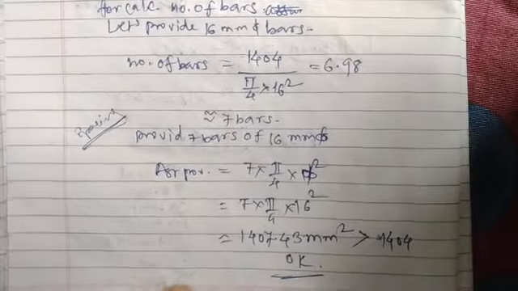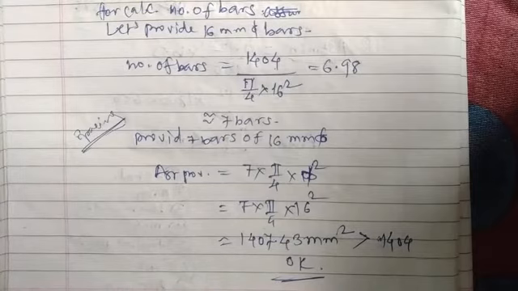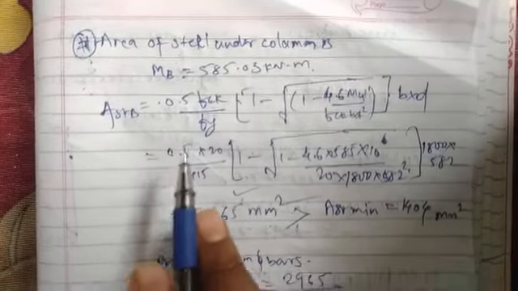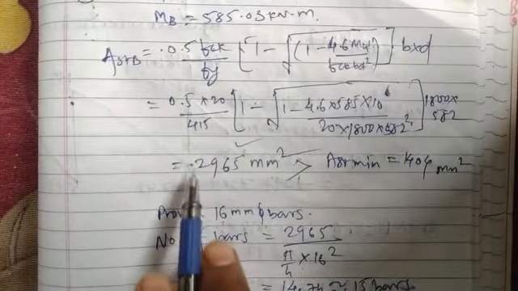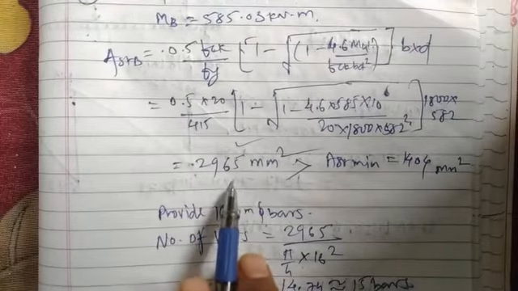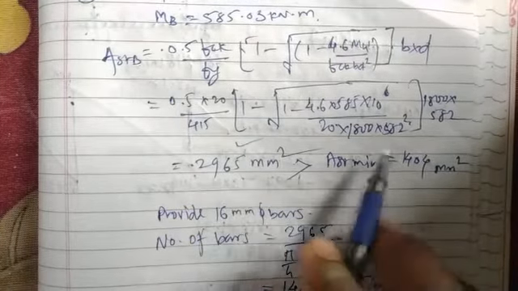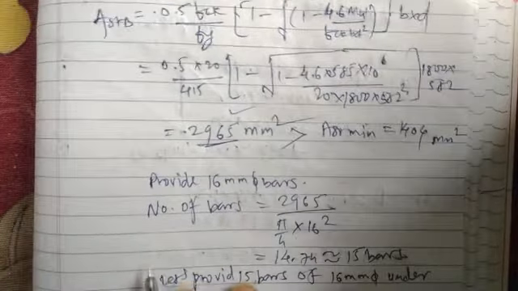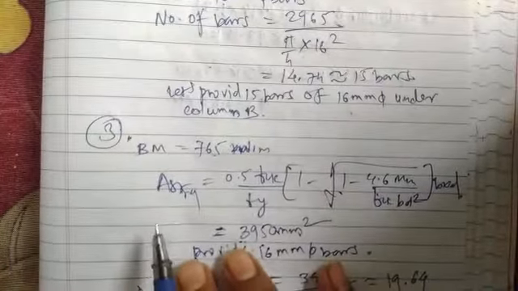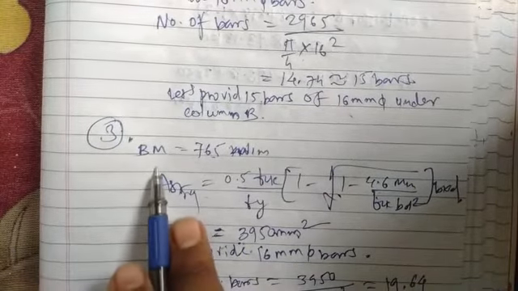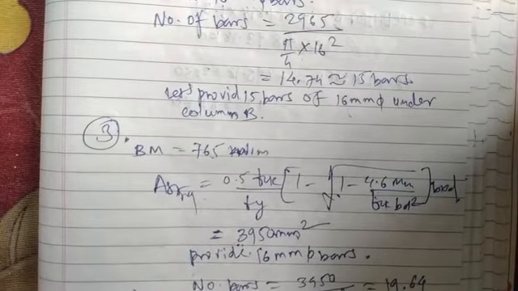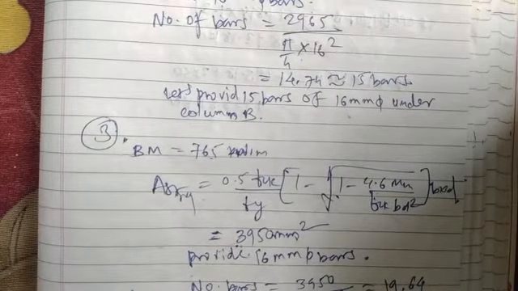Okay. After that, we have also calculated the area of steel under column B. These were the calculations for that. So we have calculated the area of steel under column B, which was greater than AST minimum, so it is okay to use this area of steel. Okay. After this, we have calculated the bending moment in between these two columns, or maximum hogging moment.